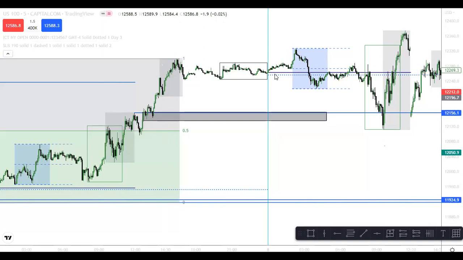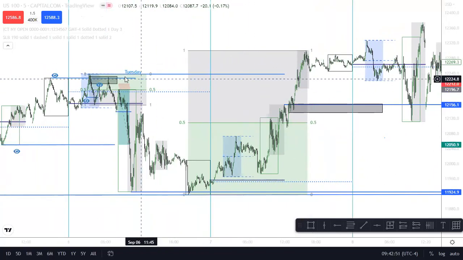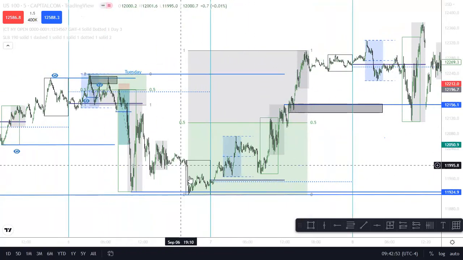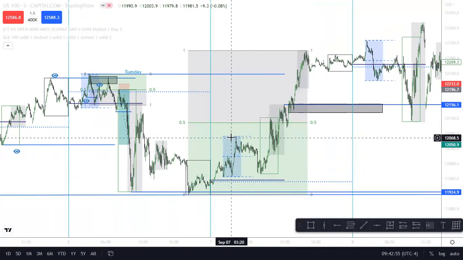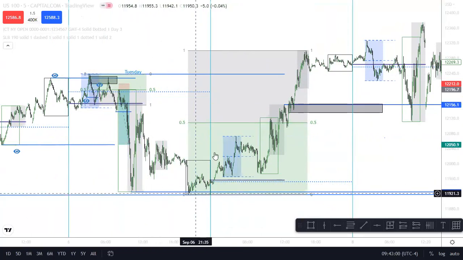Market structure shift and market structure break. Cool question. A market structure shift happens inside a range. A market structure break happens when we're leaving an established range. Here's our range. Well, this would have been our range from Tuesday's high to Tuesday's low. Trading above an old high inside the high to the low of Tuesday is a market structure shift.